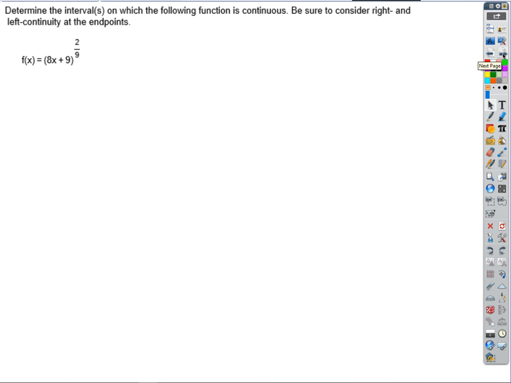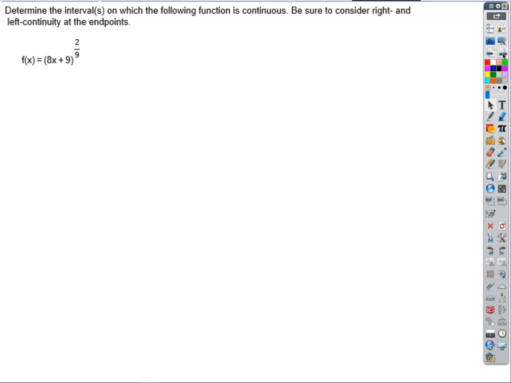Determine the intervals on which the following function is continuous. Okay, so it's continuous everywhere where it's not discontinuous, right? Where would a function be discontinuous? Now, if we have an obvious piecewise function, it could be at the junction, right? But that's not a piecewise function. Where else would a function be discontinuous or undefined? Yes? Underneath the radical.